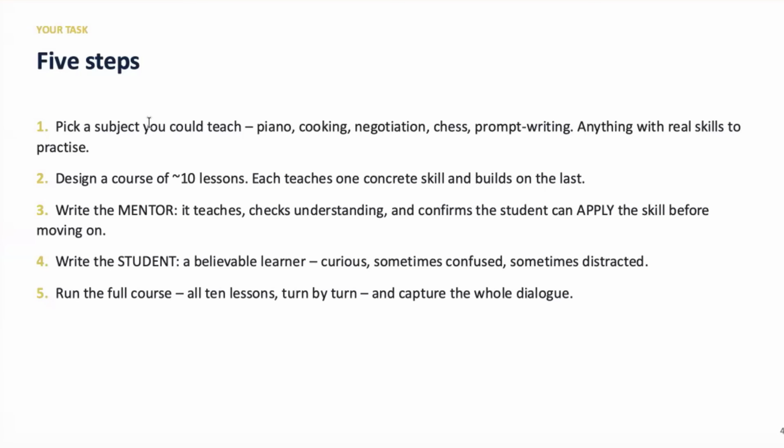So, 5 steps. You have to pick a subject: piano, cooking, negotiation, chess, whatever, prompt writing, AI. And then you design a course of 10 lessons. Again, this is up to you. Are these lessons only topics, or do they have a lot of materials inside?